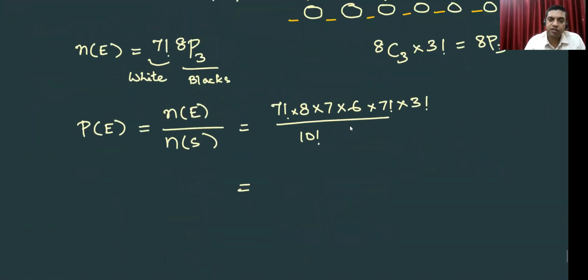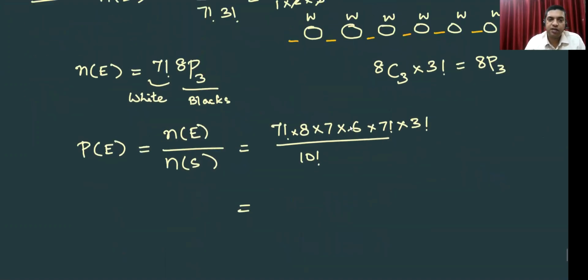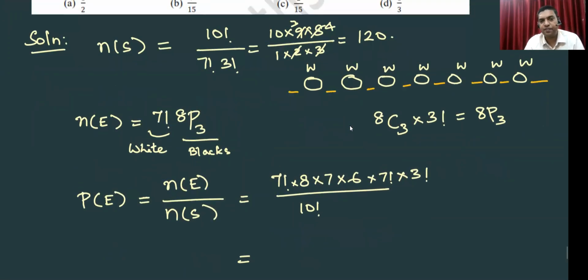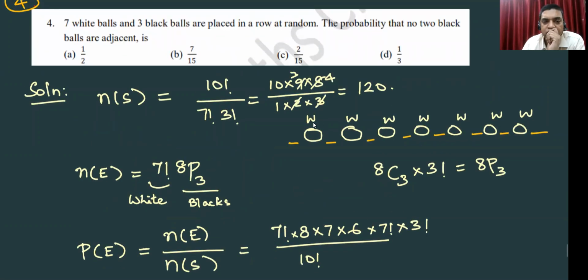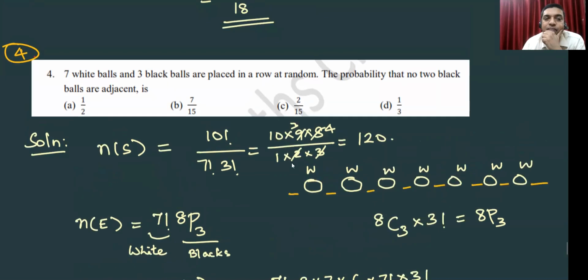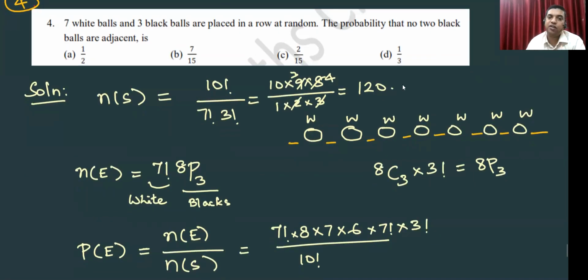No, there are 7 distinct balls, so it is totally 10 factorial. I'm sorry. Take this as 7 distinct white balls and 7 distinct black balls.